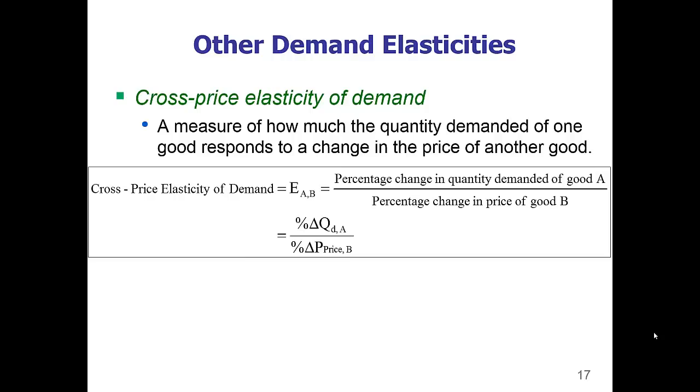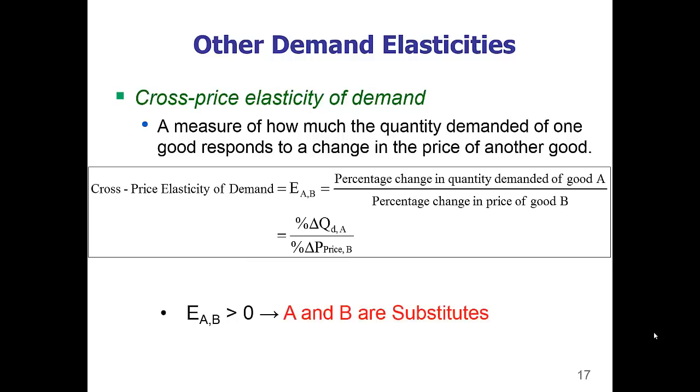So you want to know how a change in the price of peanut butter affects the consumption of jelly. Or good B might be vanilla ice cream, and good A might be chocolate ice cream. So you're interested in knowing how a change in the price of vanilla ice cream affects consumption of chocolate ice cream.